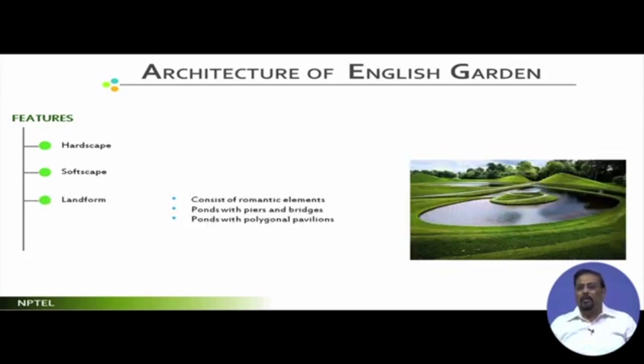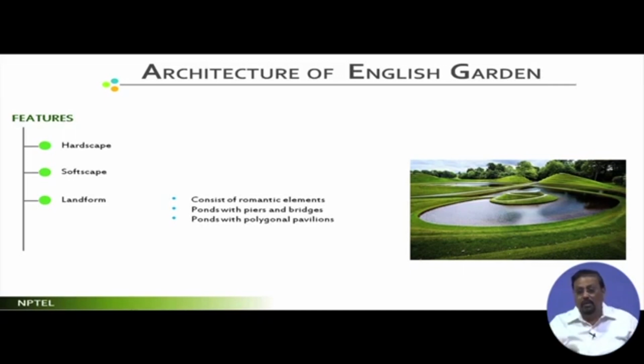Landform, very interesting here. Most often the English landforms are highly romantic. If you recall, I was talking about the romantic, classic and such things. What is landform? Landform is nothing but the earth surface that is profiled.